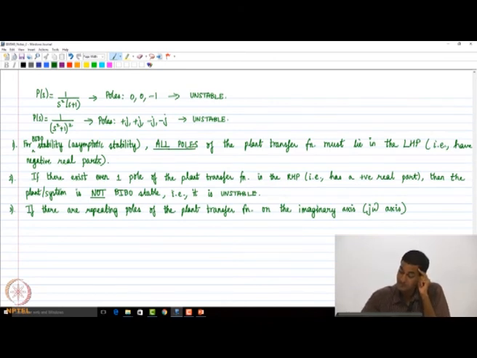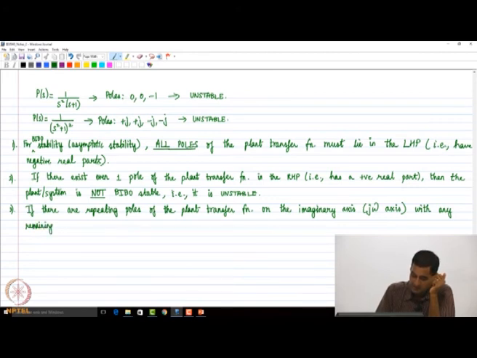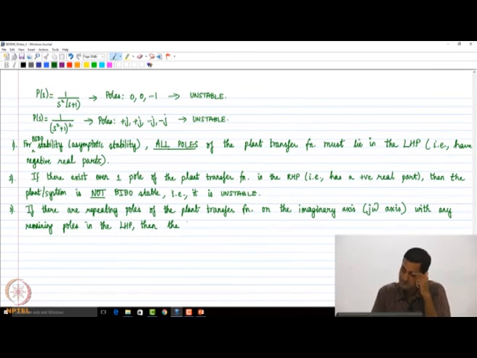Even if there are repeating poles on the j omega axis with any remaining poles in the LHP, the system is not BIBO stable.